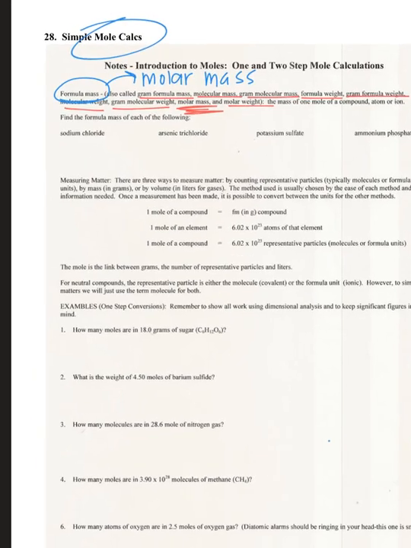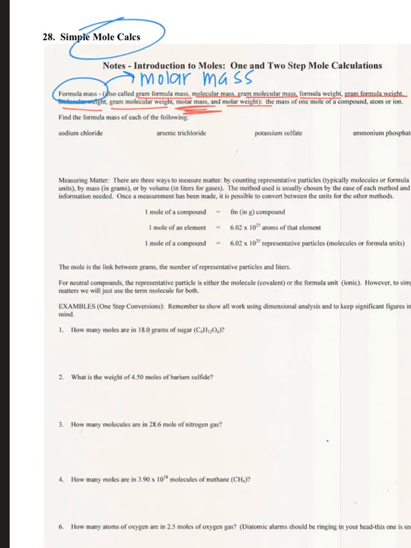So what they want you to do right here is find the mass of each of the following. So we're just going to do this off the top of my head. Sodium is like 24, chlorine is 35. So together, that's going to give you 59 grams per mole. Okay, arsenic trichloride.